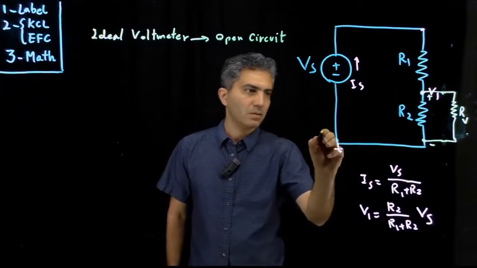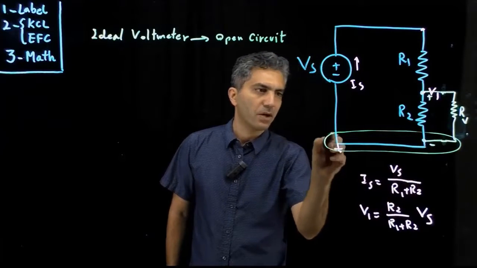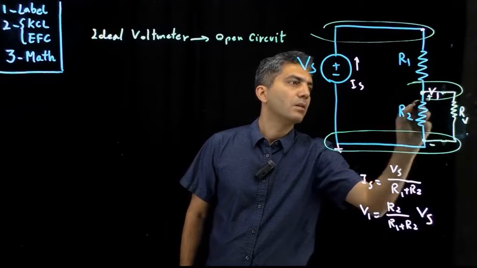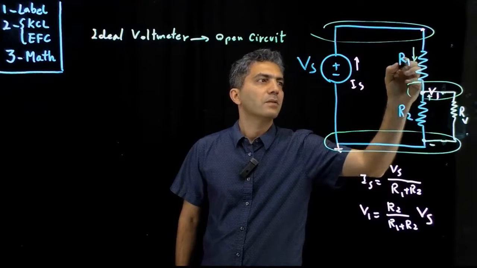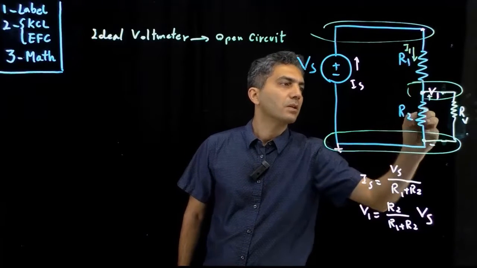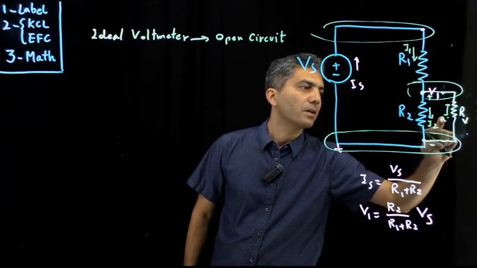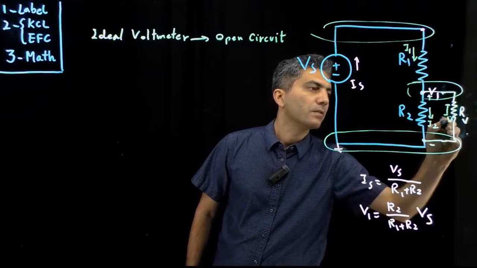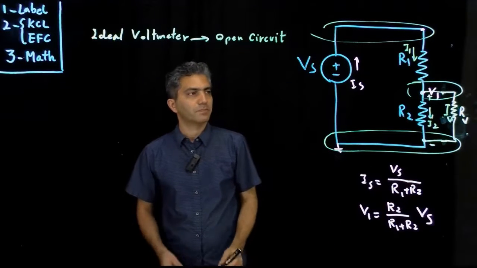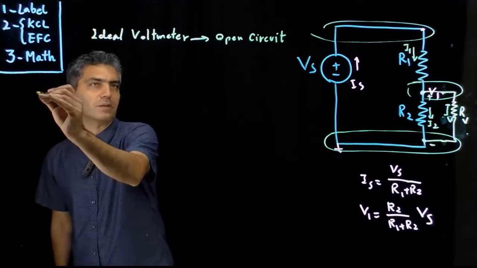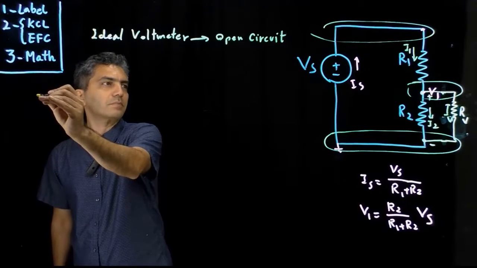Let's define our nodes, define currents, I1, I2, and I'm going to call that IV. You can pick any name that you want. And done.